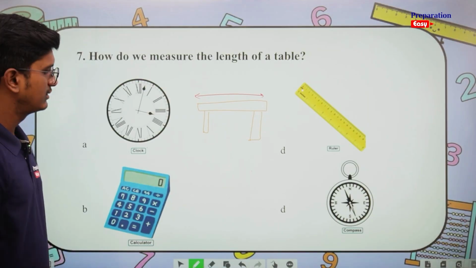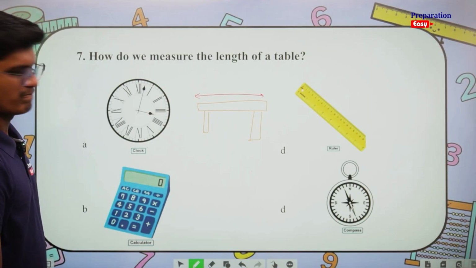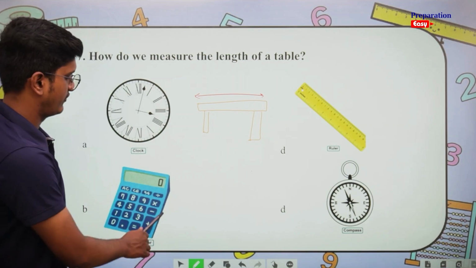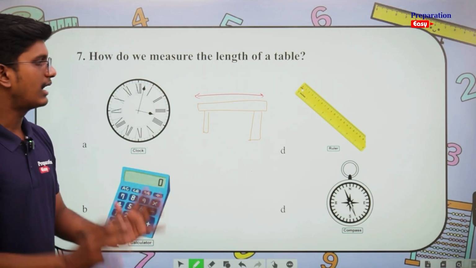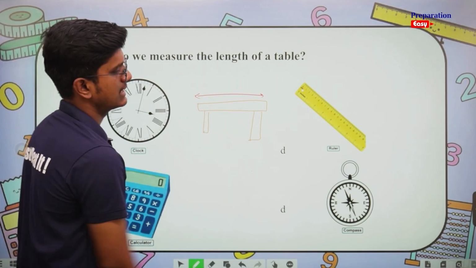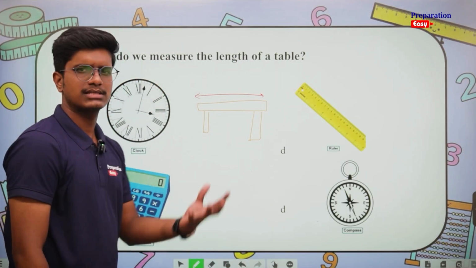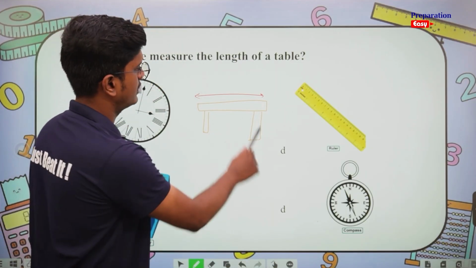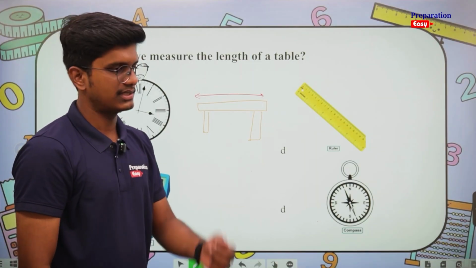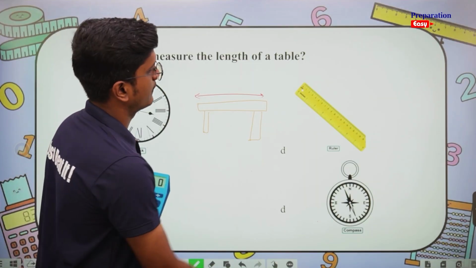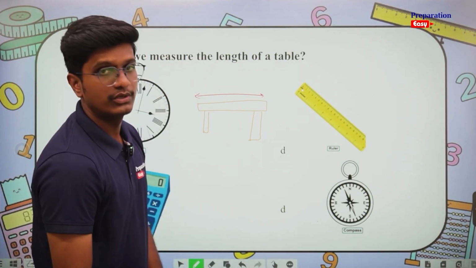I don't think so. Calculators are usually used for calculations. Next, compass. Can a compass measure the length of this table? No, I think compass tells about direction: east, west, north, south. Okay, so we have another option, ruler.